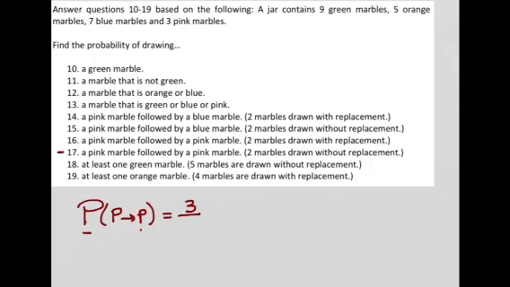So 3 out of 24 the first time, times, and now we picked out a pink marble, so we're down to 2 pinks out of 23. And this is going to equal 1 over 92.